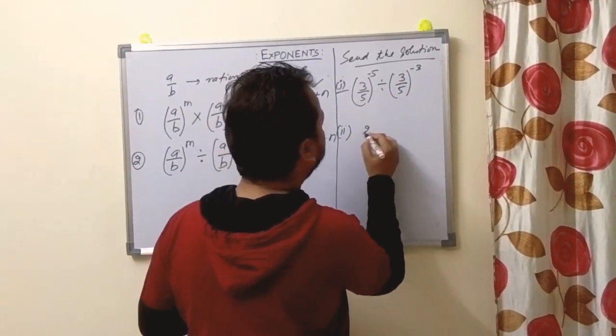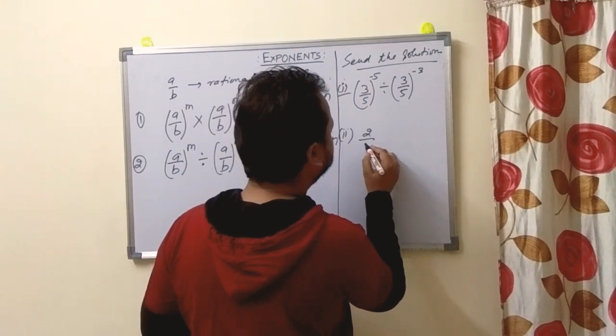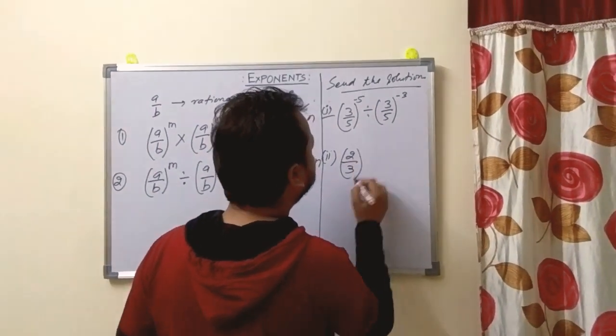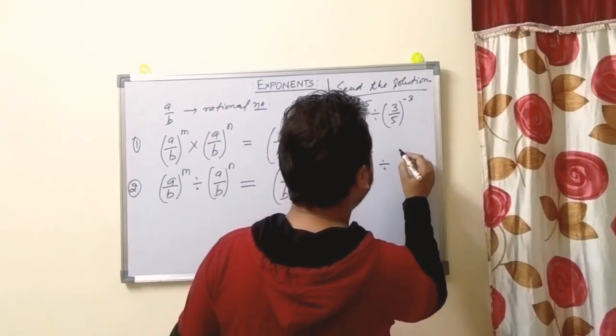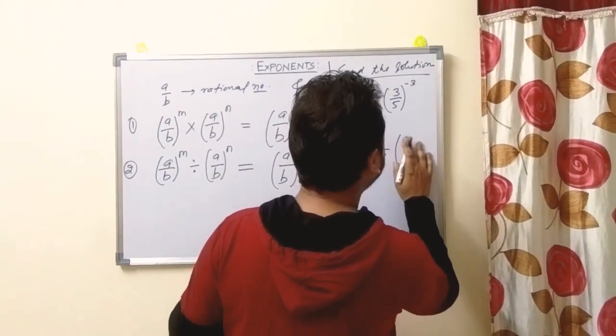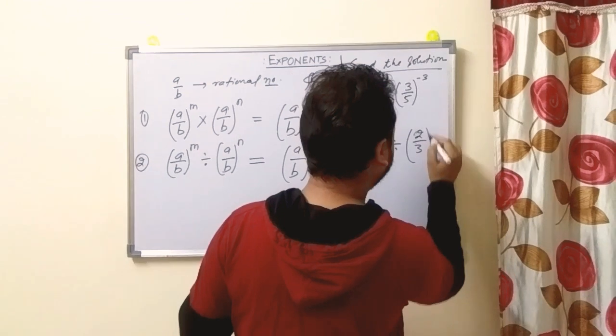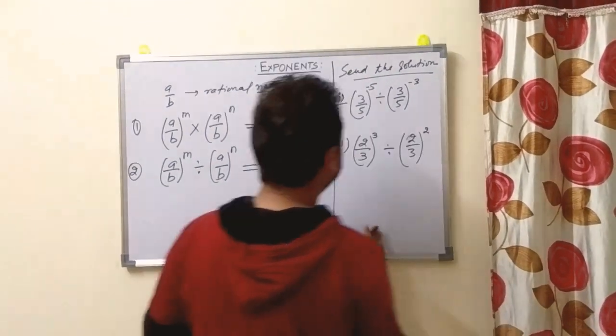Second, (2 by 3) power 3 divided by (2 by 3) power 2.